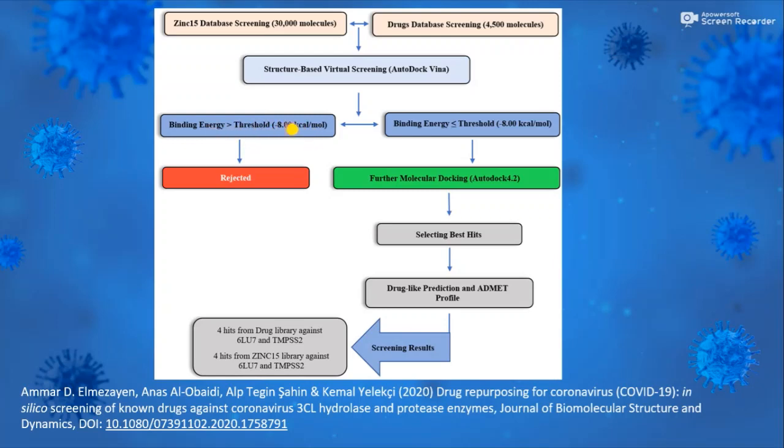The screening suggested that the molecules with binding energy lower than -8 were taken for the molecular docking, and then they tried to identify the best hits and found the screening result.